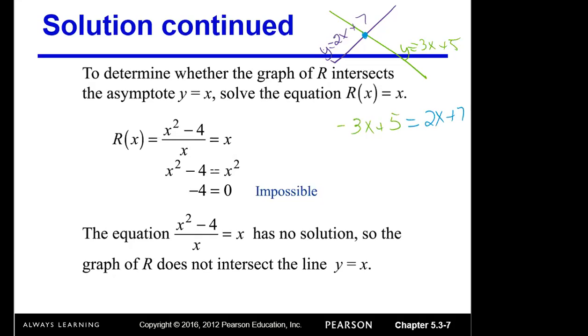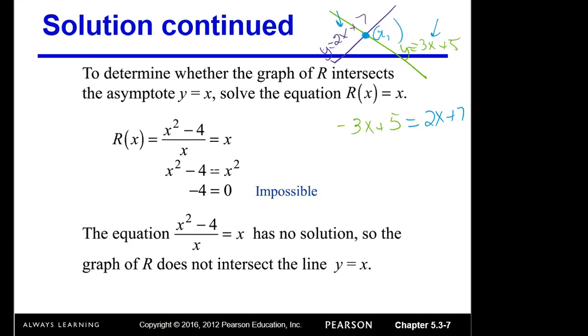And if you solve that equation, you will find the x coordinate of this point. And then all you'd have to do is plug it in here or in here and find the y coordinate.